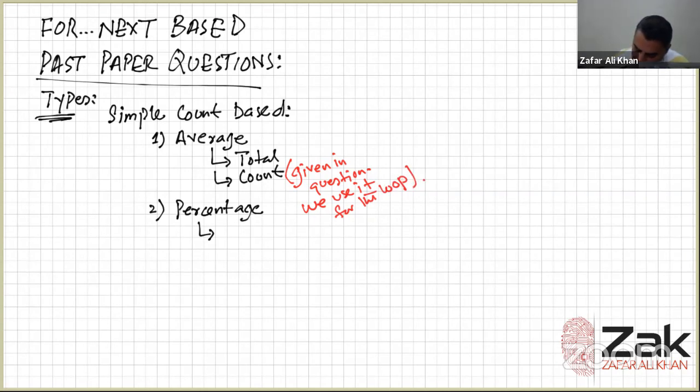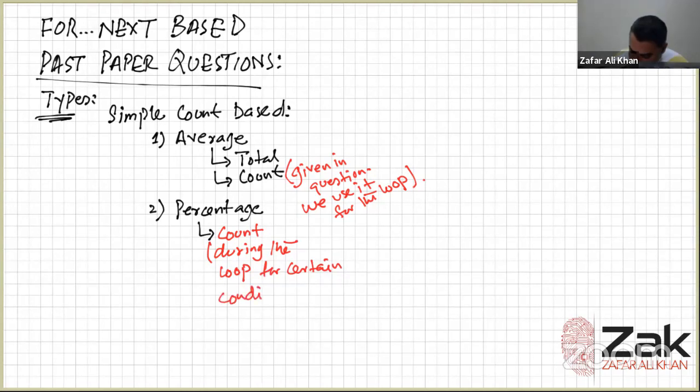Over here we need to count, during the loop, for certain conditions occurrence.